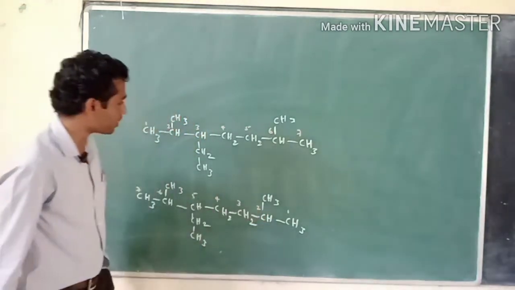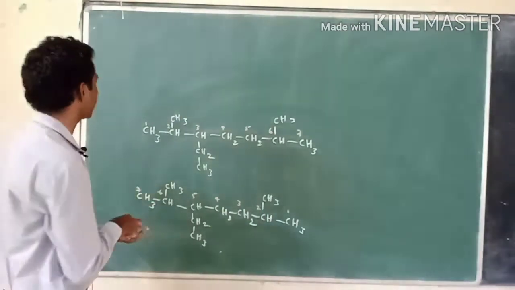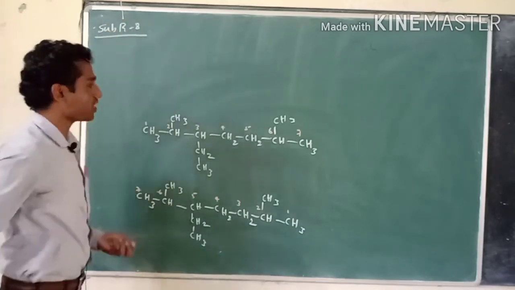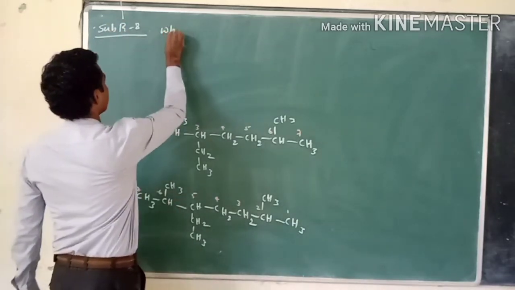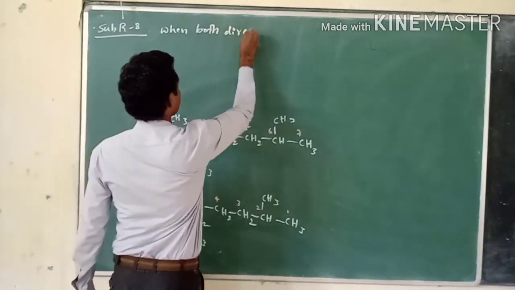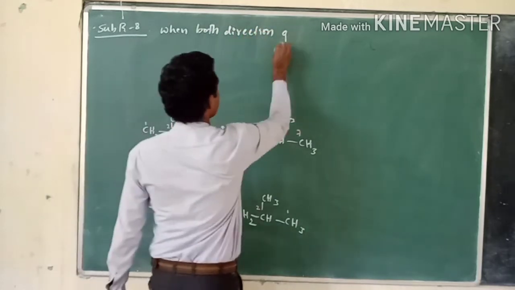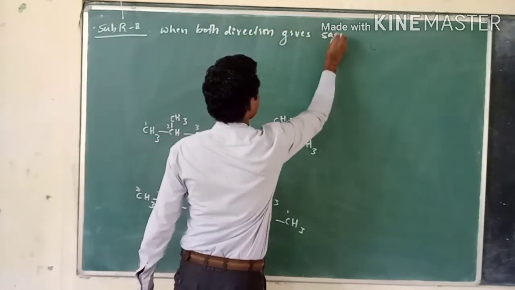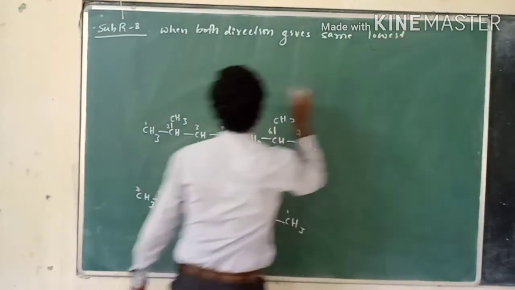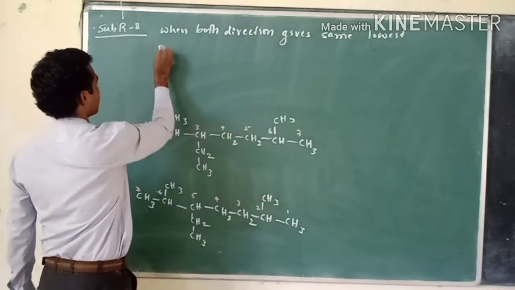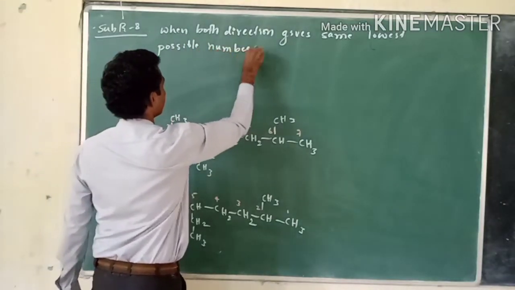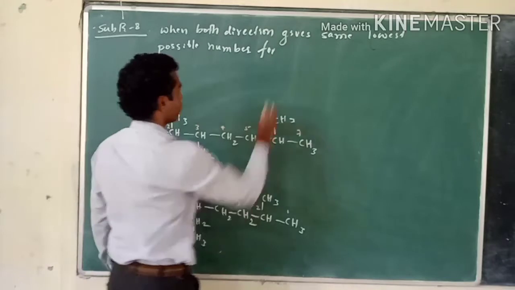So which way of numbering is correct? For that, the sub rule 8. So what it says: when both directions give the same lowest possible number for one substituent.